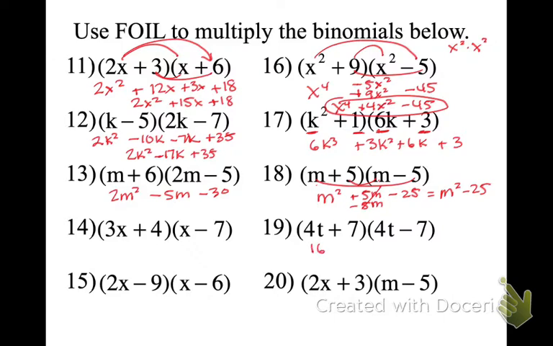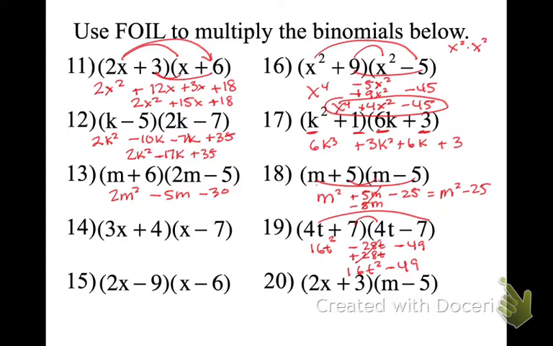We get 16t squared. My outside is minus 28t. My inside is plus 28t. And then my last is negative 49. Notice these cancel, so I'm left with 16t squared minus 49.